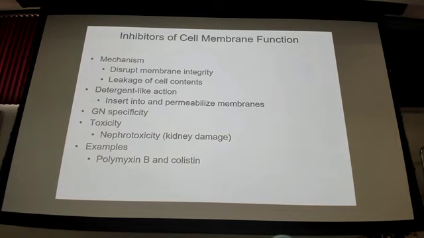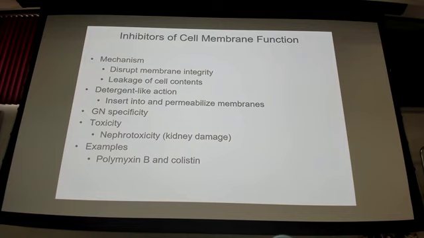Phospholipid bilayers, right? So there is a lot of toxicity to human cells as well. I put nephrotoxicity here, but there are plenty of other adverse effects that can be caused by drugs like colistin, polymyxin B. So again, we usually use these drugs as last resort because of that terrible selective toxicity profile.